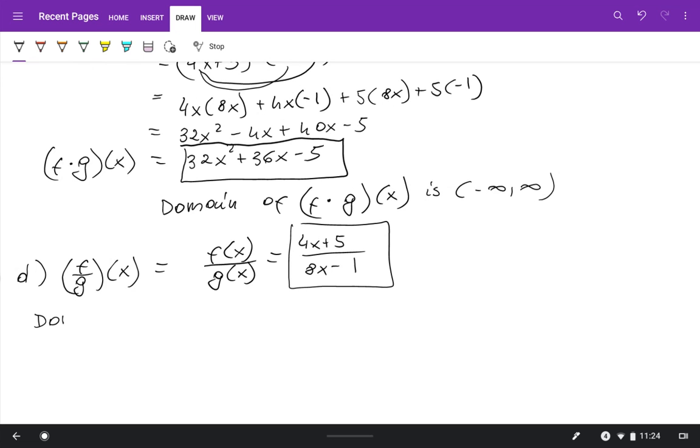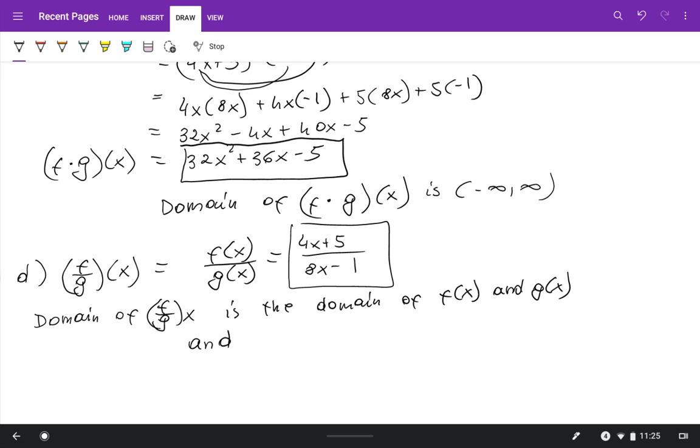Here, only when you have a quotient, the domain of the quotient f over g of x is the domain of f of x and g of x.